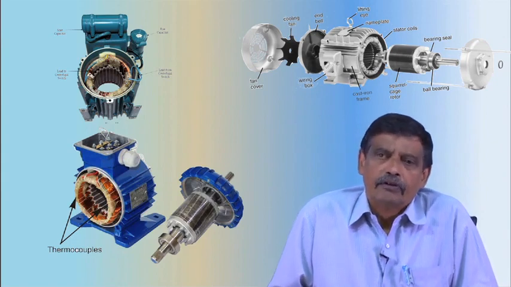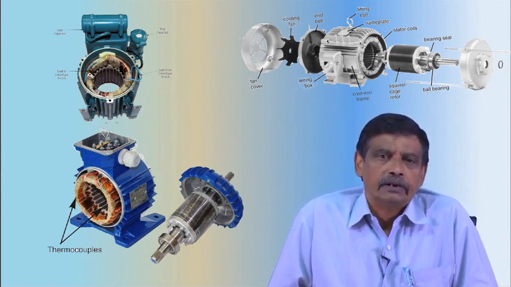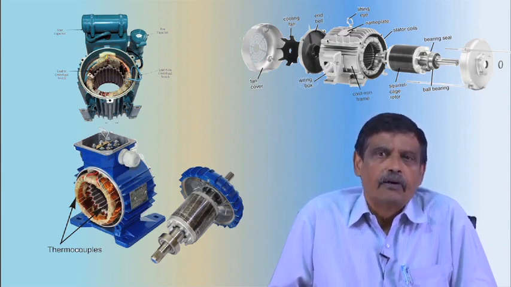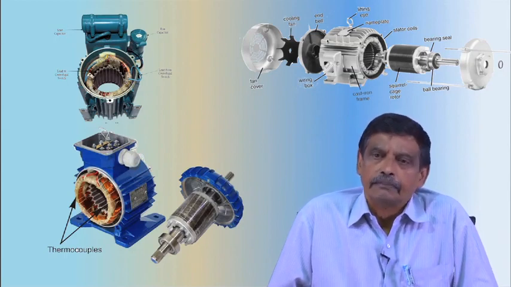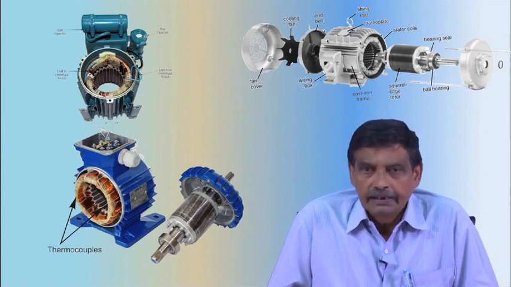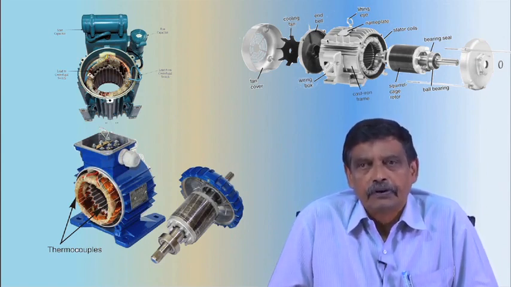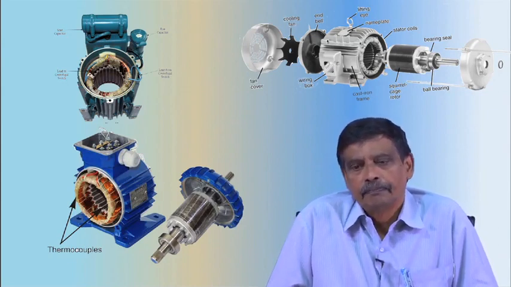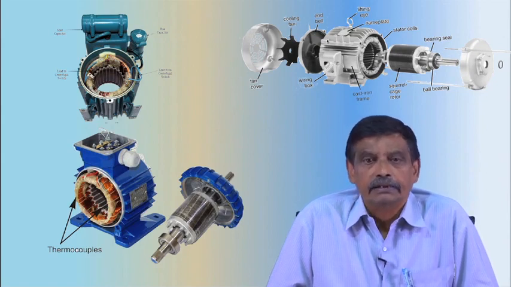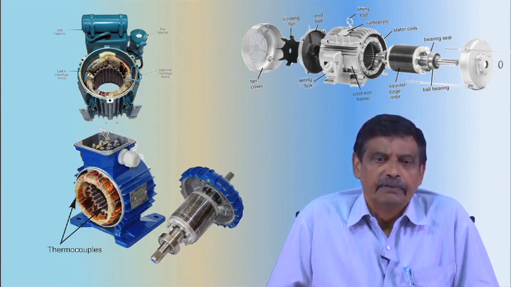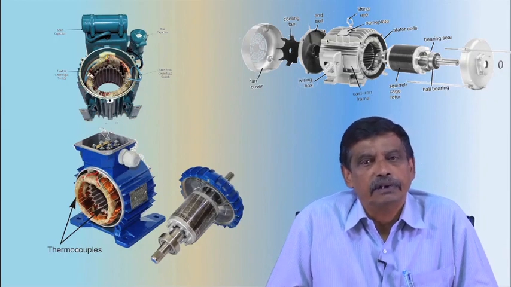Primarily, for any electrical machines, we would like to know how these machines or motors in general can be started, can be braked so that it comes to a stop, or how its speed can be controlled. So, these are the primary three things for any machine, and various methods to do those things will be taken up.